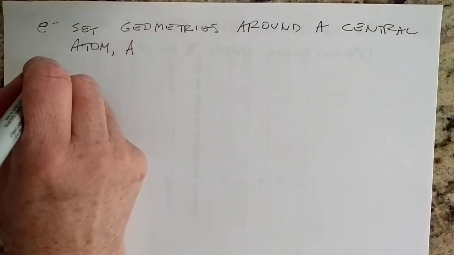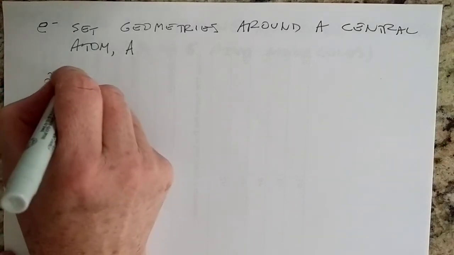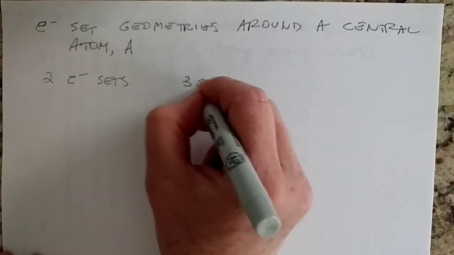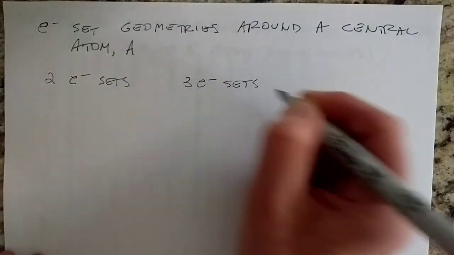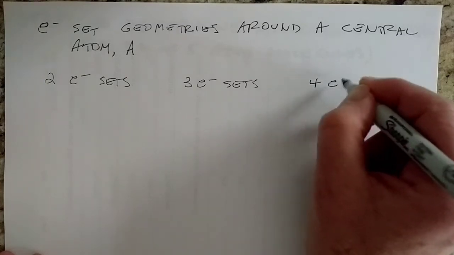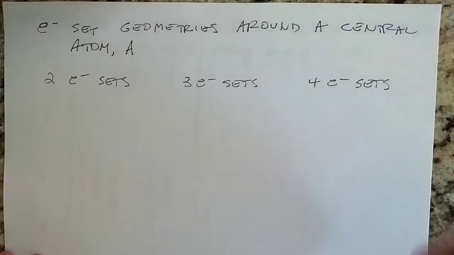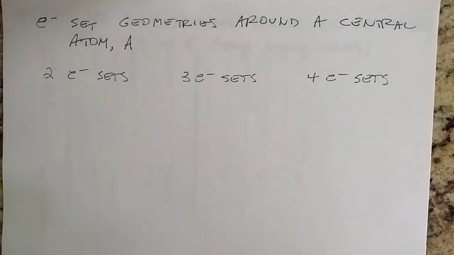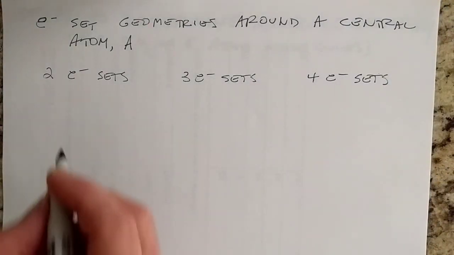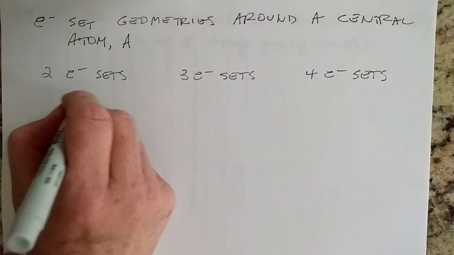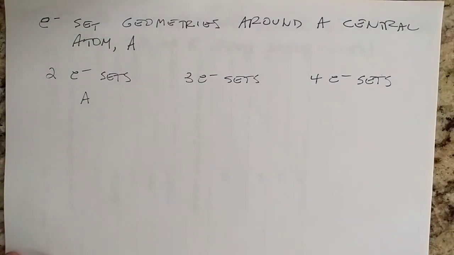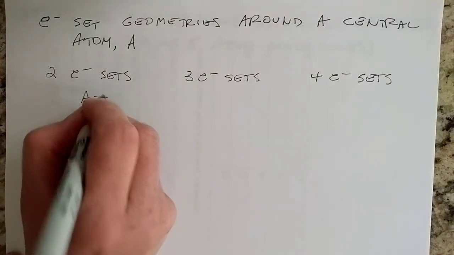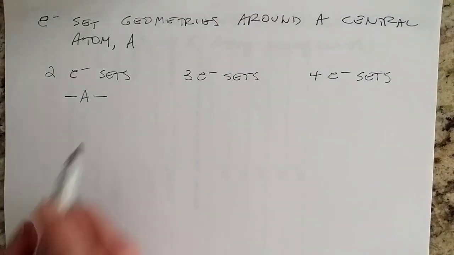So we can either have a central atom that has 2 electron sets, one that has 3 electron sets around it, or one that has 4 electron sets. There are more, but we're just going to be doing these three. All right, so when we have two electron sets, we have our central atom A, and each set, whether it's a single bond, double bond, triple bond, or a lone pair, wants to get as far away from each other as they can, so they go on opposite sides.